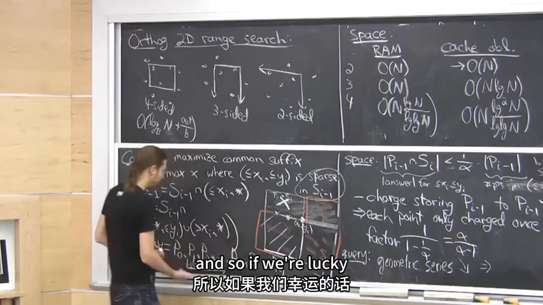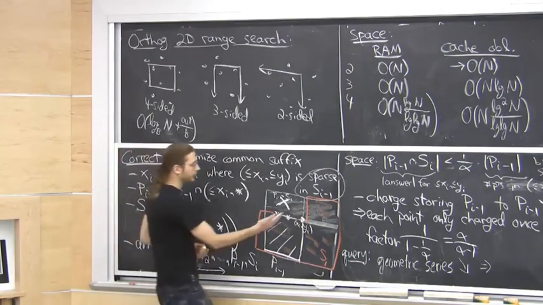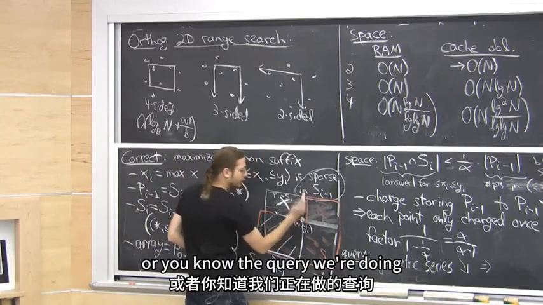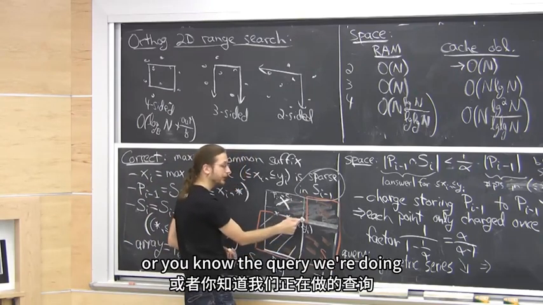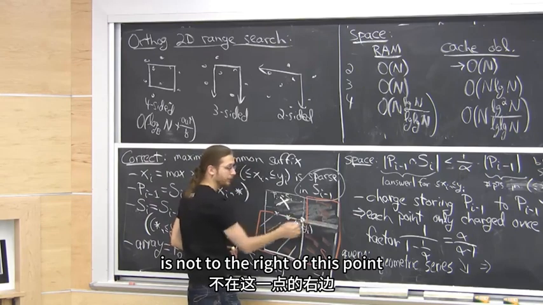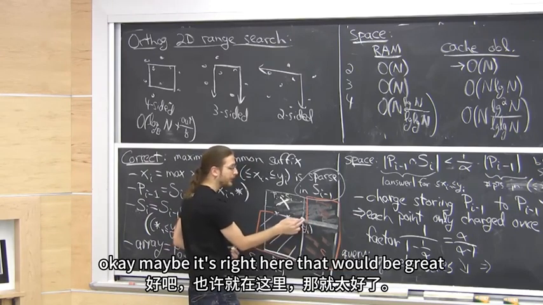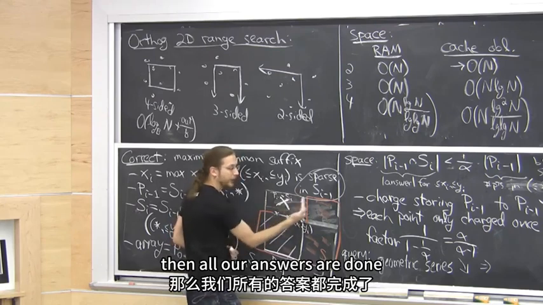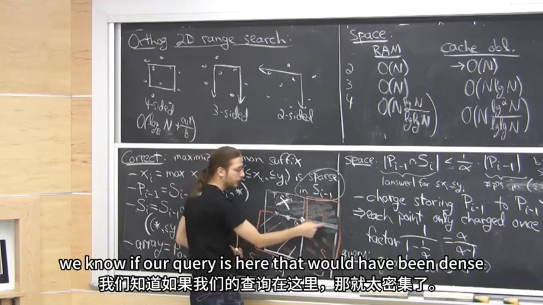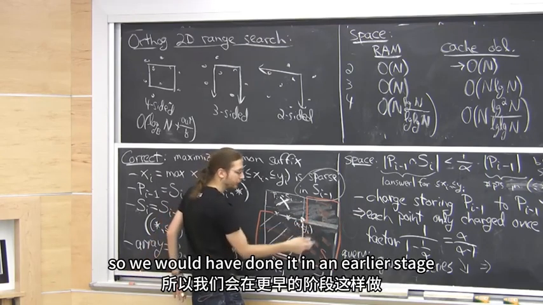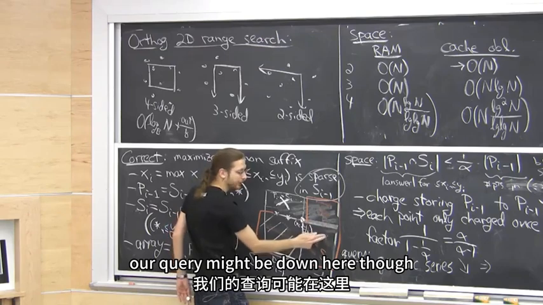And so, if we're lucky, the query we're doing is not to the right of this point. Okay, maybe it's right here. That would be great. Then all our answers are done. We know if our query is here, that would have been dense, so we would have done it in an earlier stage. Our query might be down here, though.